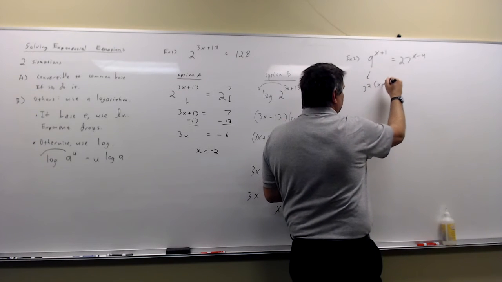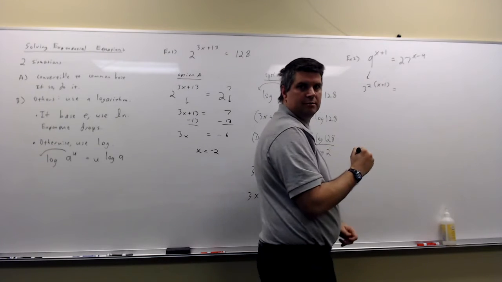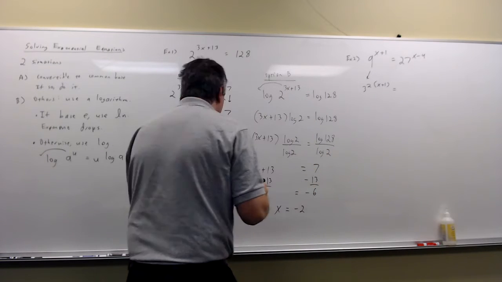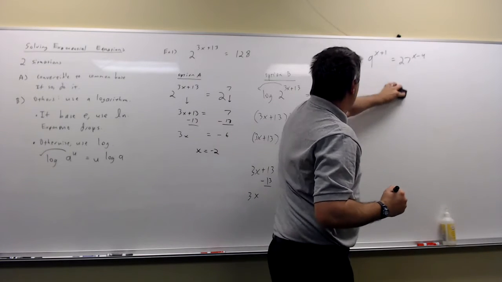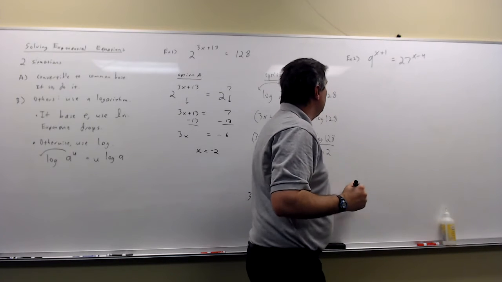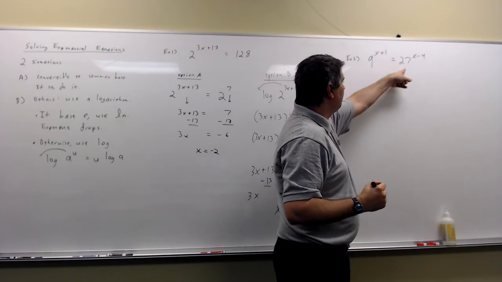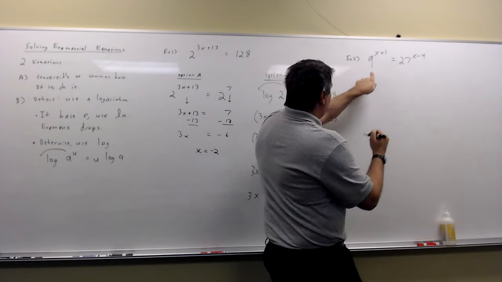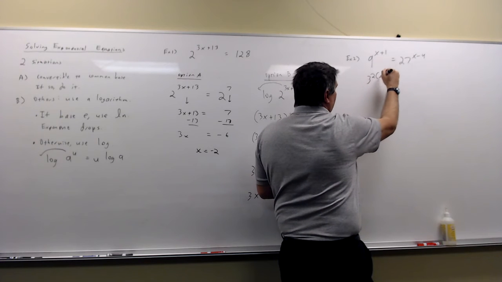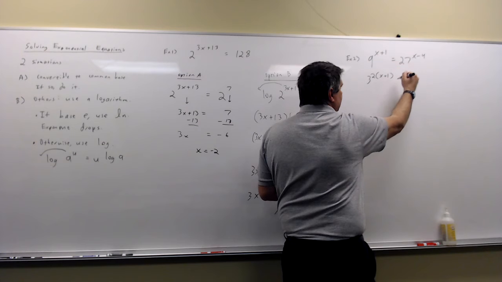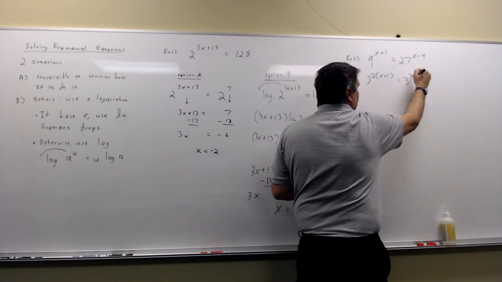I'll put the original exponent in parentheses. I'll repeat this. Both of these are powers of 3. 9 is 3 squared. Put the original exponent in parentheses. 27 is 3 cubed.